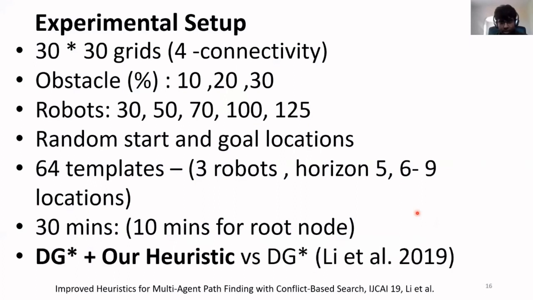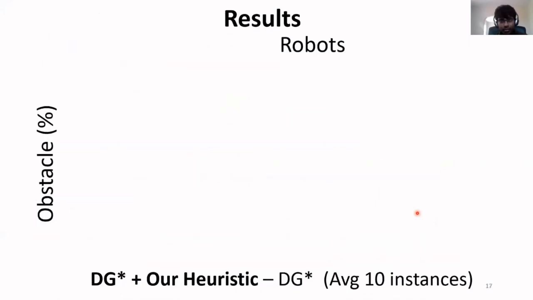During search, we used our node eval function in conjunction with a previously existing state-of-the-art function called DG. In other words, we evaluate each search tree node using both evaluation functions and just take the maximum value. For performance evaluation, we recorded the lower bound to the optimal cost reported by our combination of evaluation functions and the value reported by just 30 minutes of only using DG.